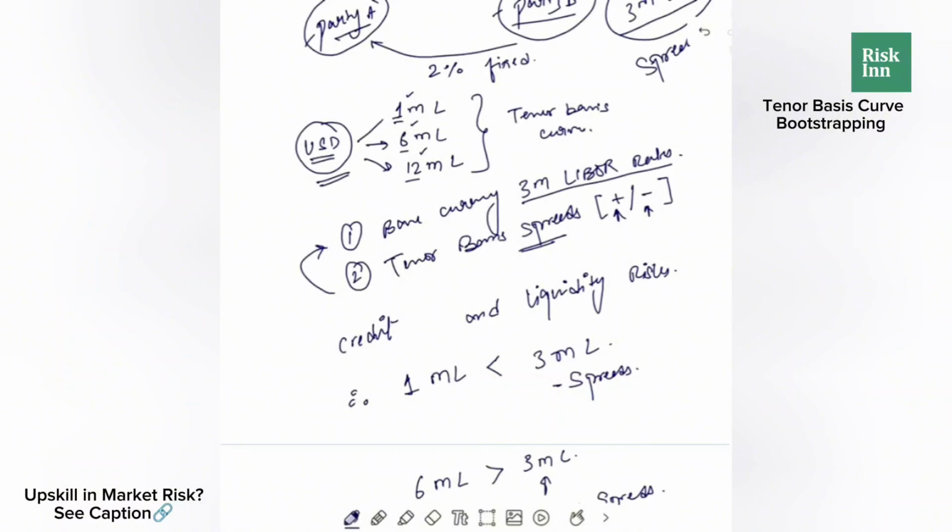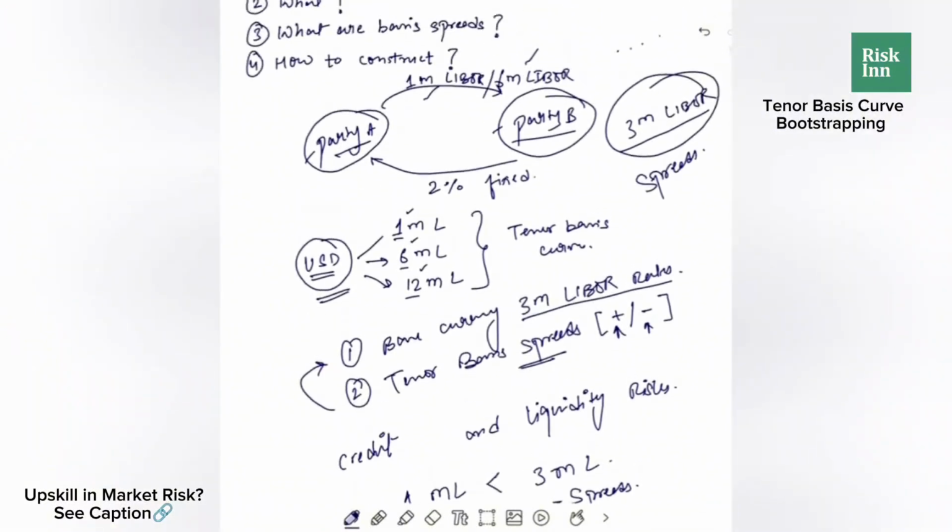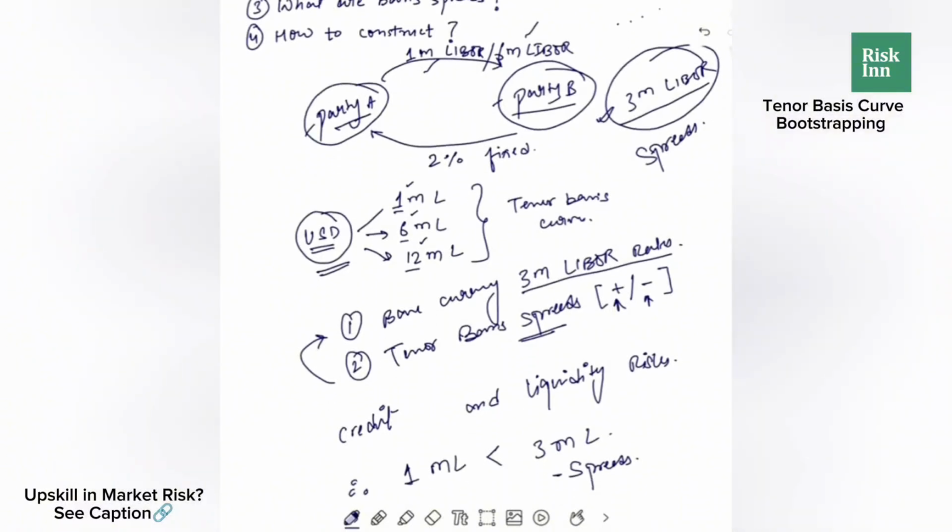And for liquidity, a 1 month curve gives more frequent payments and hence would be more liquid than the 3-month. So these two aspects, credit risk and liquidity, need to be adjusted in the underlying base currency curve in order to achieve our tenor basis curve, right?